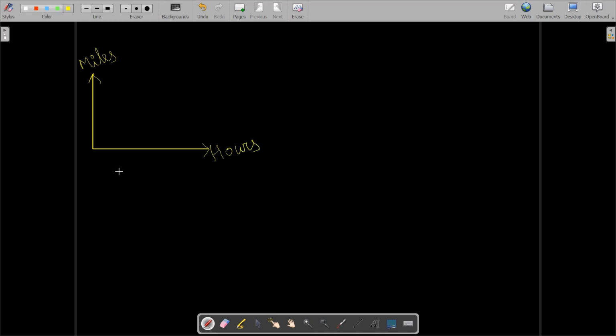Some dots in x-axis and few numbers which represent hours: 1, 2, 3, 4, 5, 6, 7 and so on. And some dots in y-axis also which represent miles: 100, 200, 300, 400 and so on.